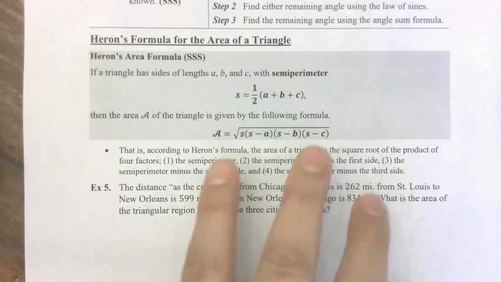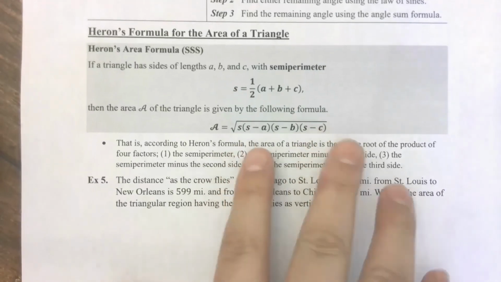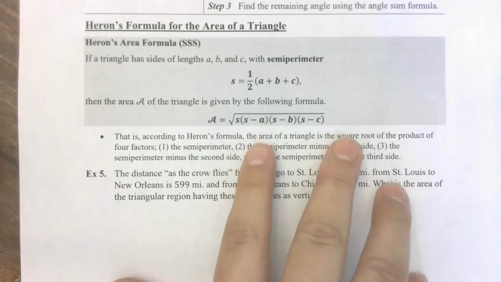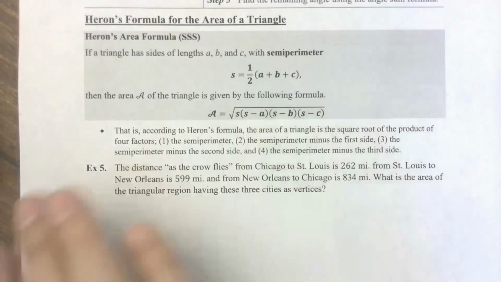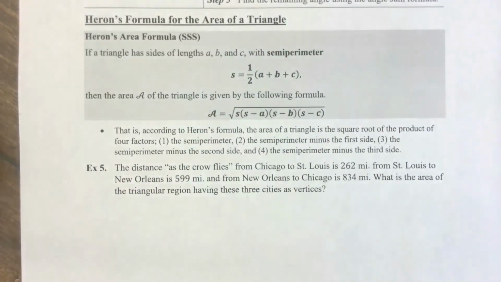And the last thing that we're going to talk about is Heron's formula for the area of a triangle. This is if you're given 3 sides, so side, side, side. If I have a triangle with sides of lengths A, B, and C, then we have the semi-perimeter. S is equal to 1/2 times all of the sides added together.